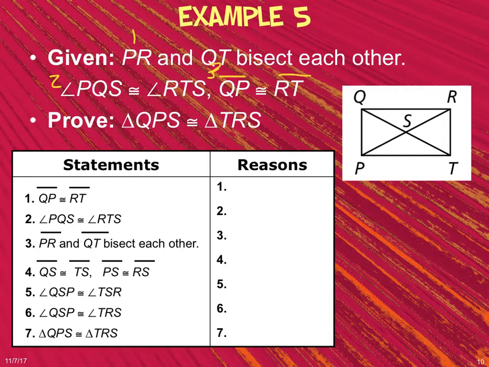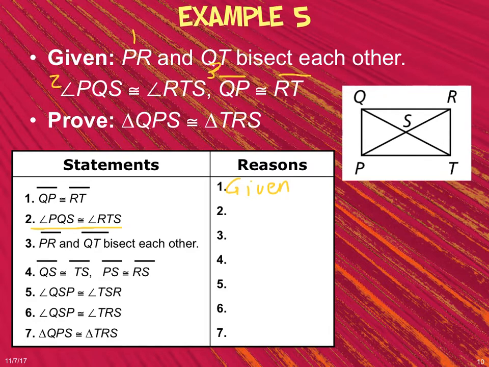So let's look at our proof. We have segment QP is congruent to RT. Right here, we have that in the given, so we know that our reason for step number 1 is going to be given. Next, looking at statement number 2, angle PQS is congruent to angle RTS. We have that right here in the given again.